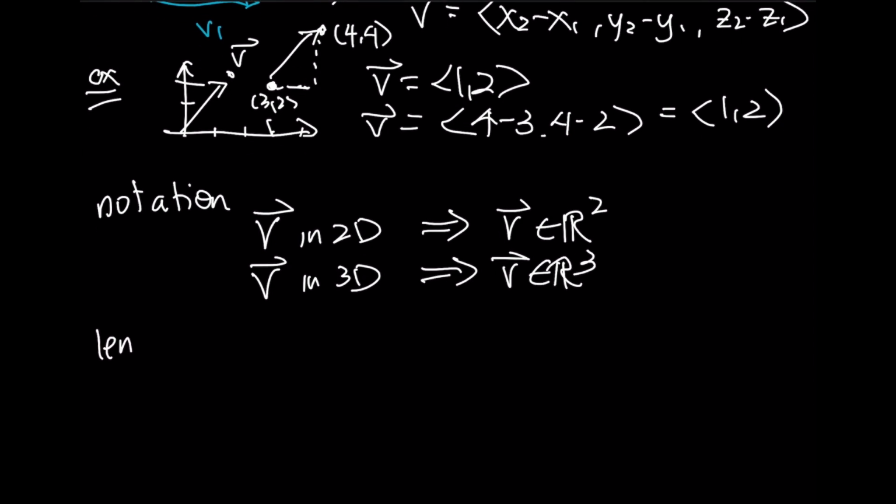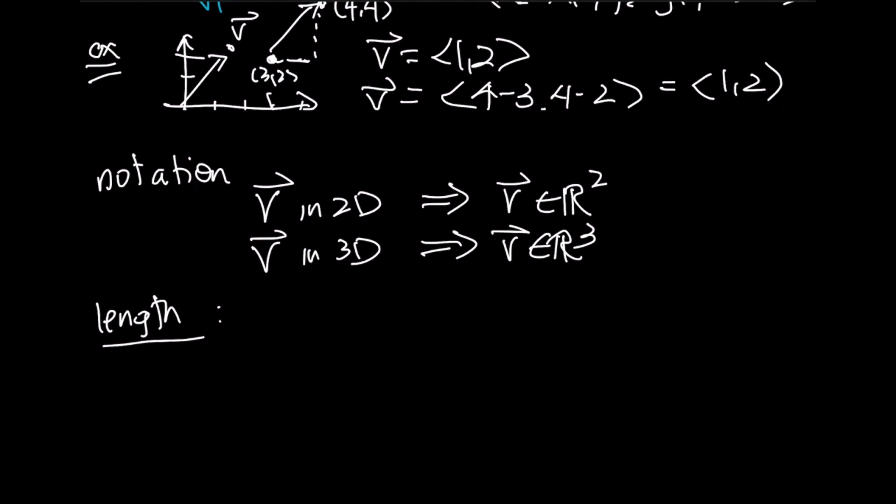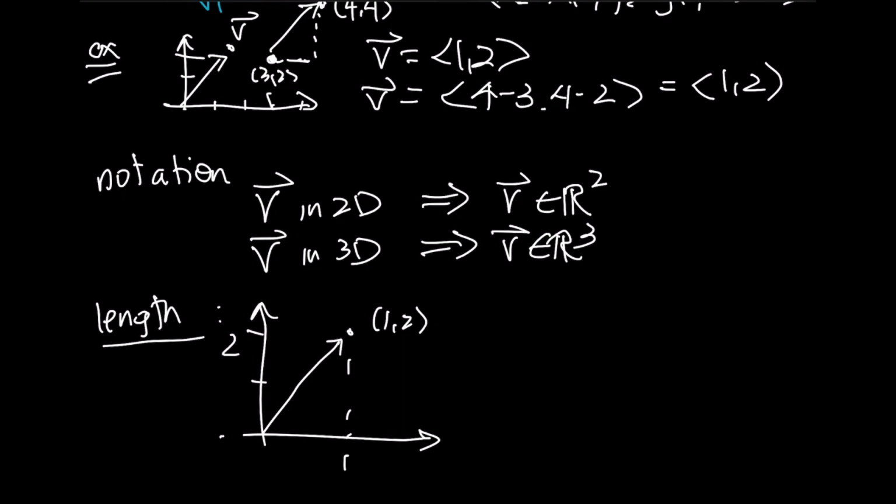Now, when we talk about components of a vector, we can compute lengths. To calculate length, all we're going to do is rely upon geometry. So, for example, if I have this vector again, 1 and 2, that means I'm going over 1 unit this way and 2 units that way. The length of this vector should be found from the Pythagorean theorem.